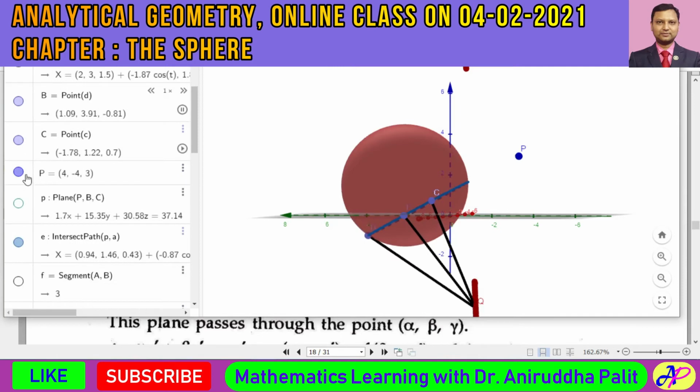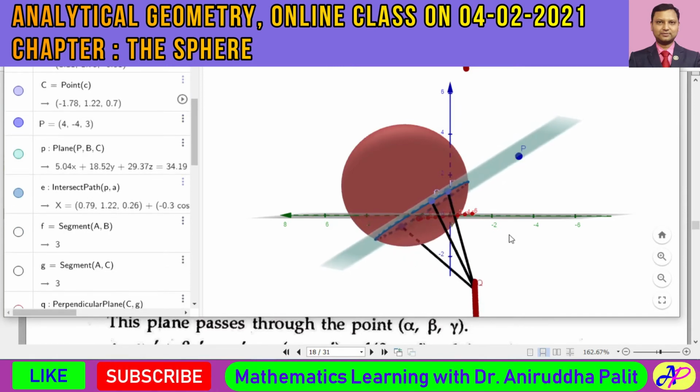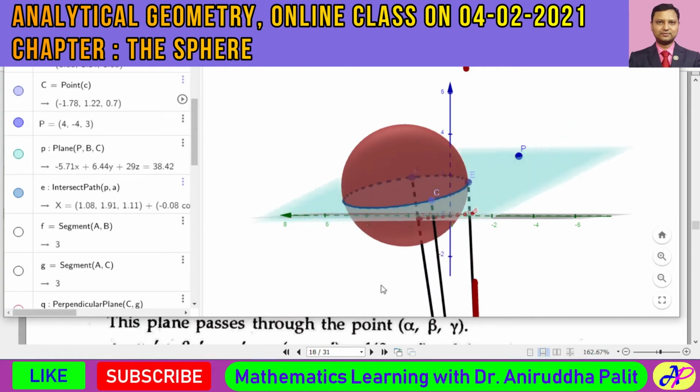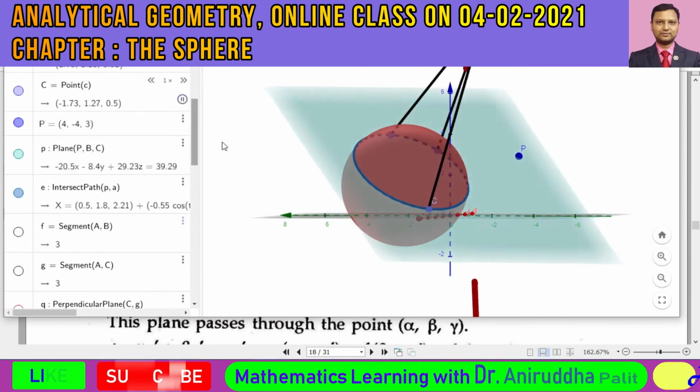This is the plane passing through the point P. The plane is always passing through the point P, and this point Q will always lie on a single plane. Let me show you how.